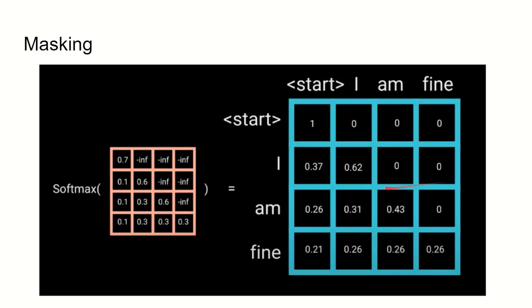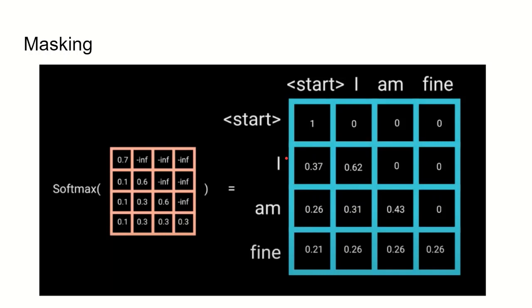So none of the information from fine can come into am when we're performing attention. And since self-attention is the only time that we're mixing this information across the word boundaries in the same sequence, by masking, we can effectively prevent a word from seeing any word that comes after it.